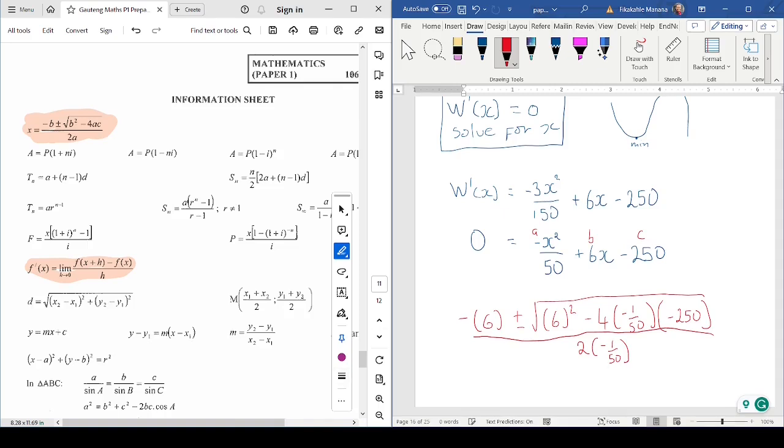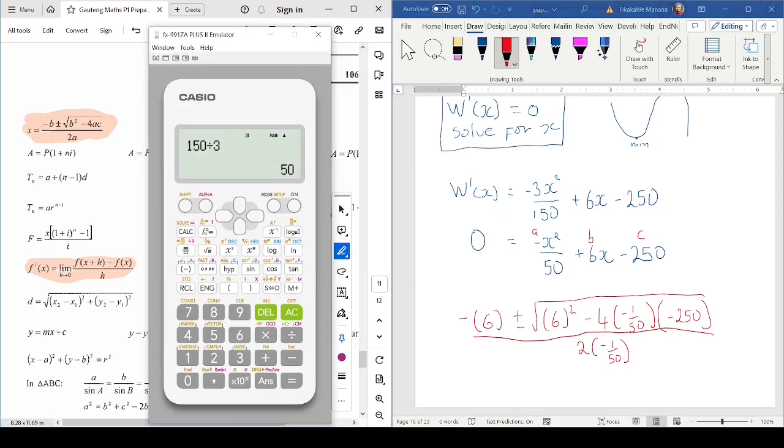Okay, so we need to put this in a calculator. There we go. We have minus, and then we have a 6. Let's start with the plus. Square root, open, it's 6, close, square that, minus 4, a, which is minus 1 over 50, just like that.